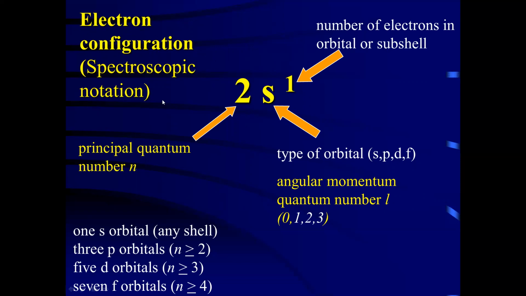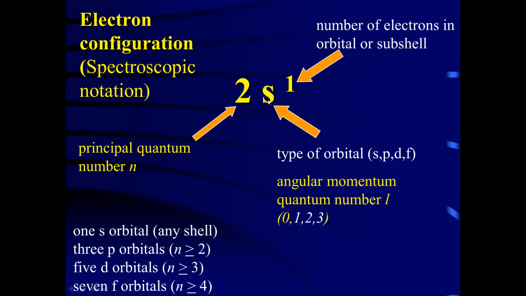So basically, there are three parts in this notation. The first one is the number in front of the letter. I think we already talked about that. That indicates the principal quantum number n, which can be 2 or 3 or 4.